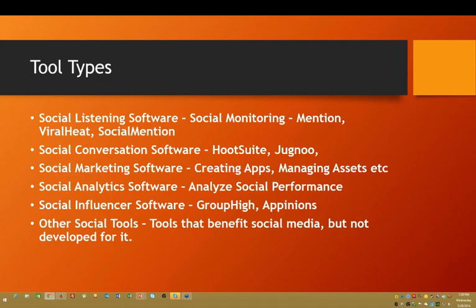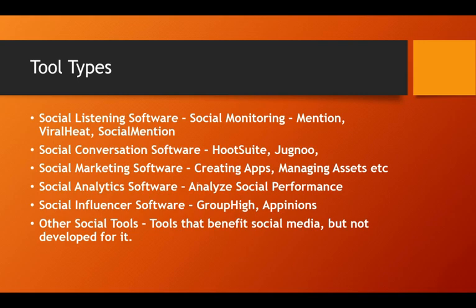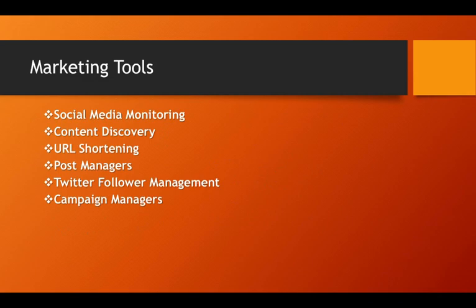A good example is a URL shortener. I've got a list here of what we're going to start the class with when we go deeper into social media marketing. We're going to go deep into using some of these tools here.